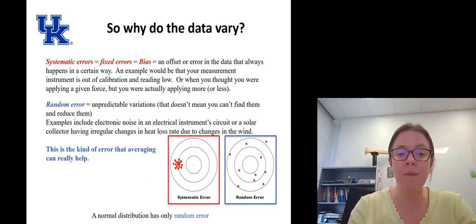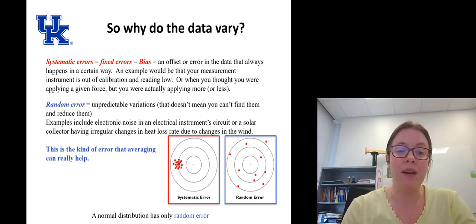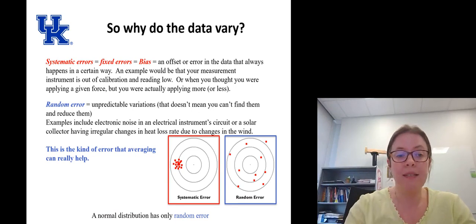You can see in this picture down here at the bottom, we have all of our points over here in one general area. Random error is unpredictable variations. Examples include electronic noise in an electrical instrument circuit, or a solar collector having irregular changes in heat loss rate due to changes in the wind.